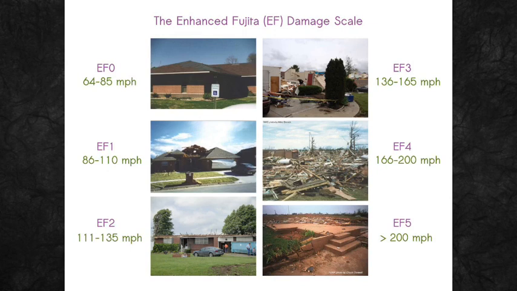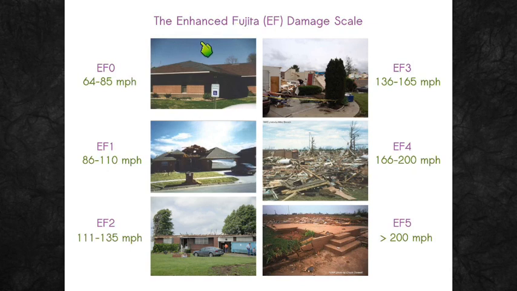It ended up being revised a little bit in 2006 to be more accurately representative of the winds. And so the scale that they use now is called the Enhanced Fujita scale. Why use the Fujita scale when you can use the Enhanced Fujita scale? It supposedly more accurately represents the strength of the winds in the tornado. So how does it go?